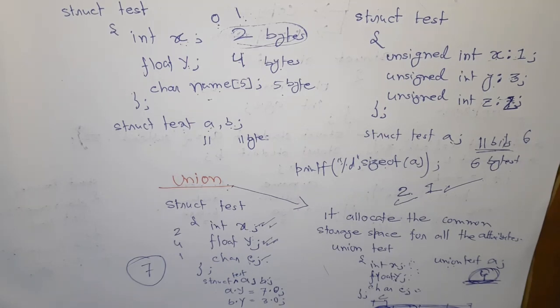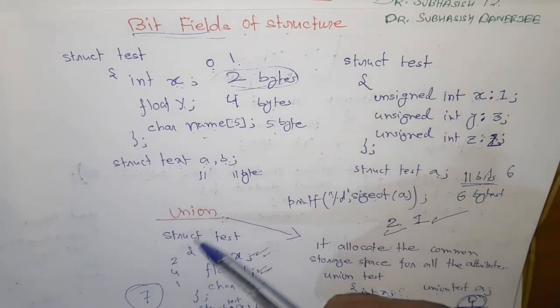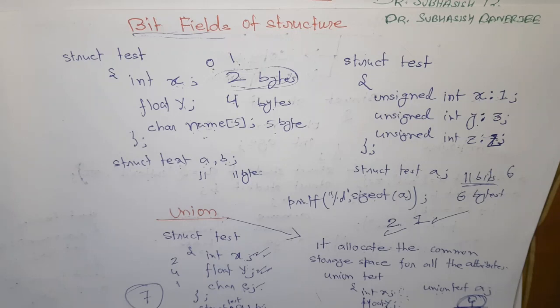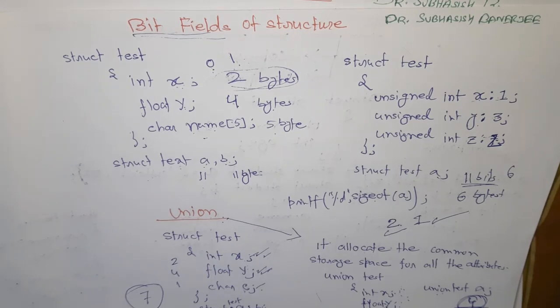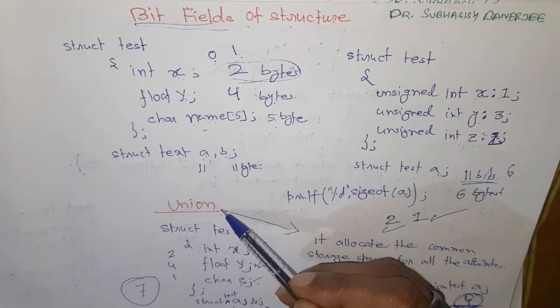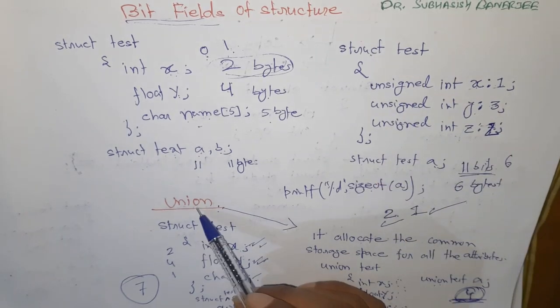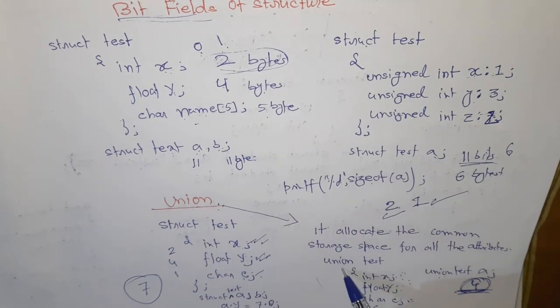Okay. Now similarly, if you compare the structure and union, we may easily distinguish between these two under the user defined data types. The structure is a user defined data type, a union is also a user defined data type. Structures start with the keyword struct, whereas the union starts with the keyword union.